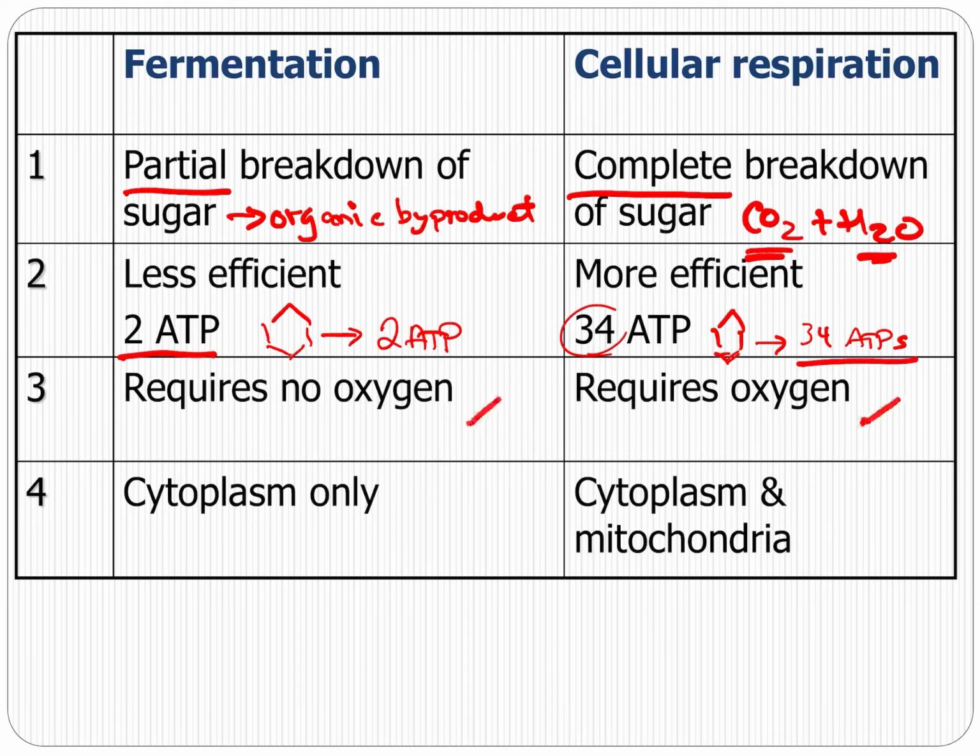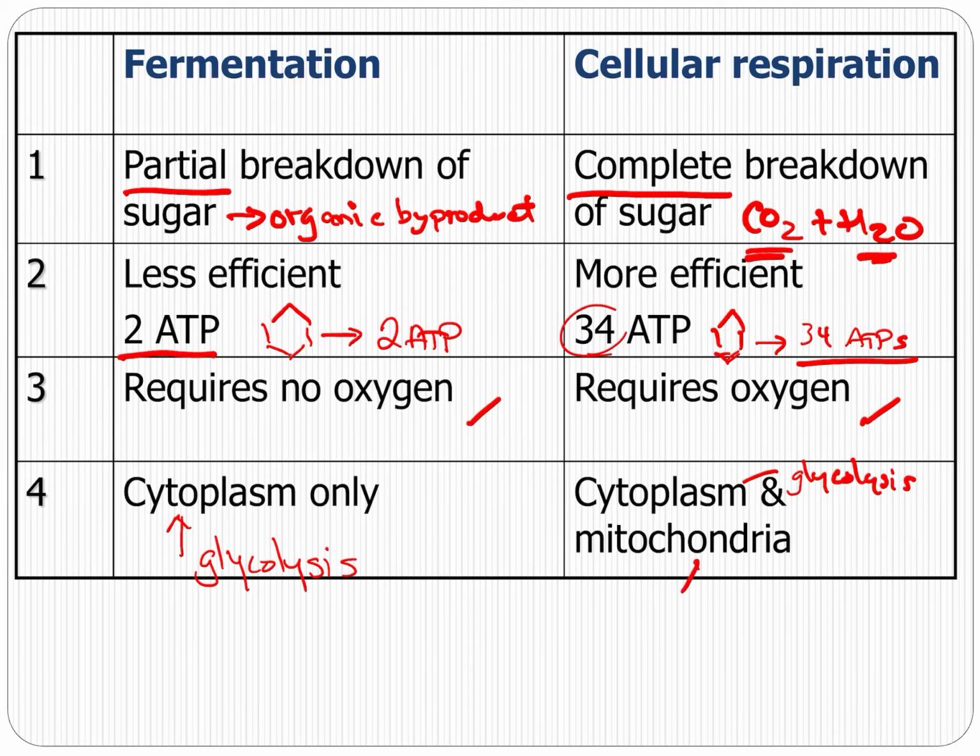And fermentation, since you only need glycolysis, right? That first step in cellular respiration, glycolysis, this happens in the cytoplasm. So that's why the fermentation only takes place in the cytoplasm, because of glycolysis. For cellular respiration, glycolysis takes place in the cytoplasm, right?